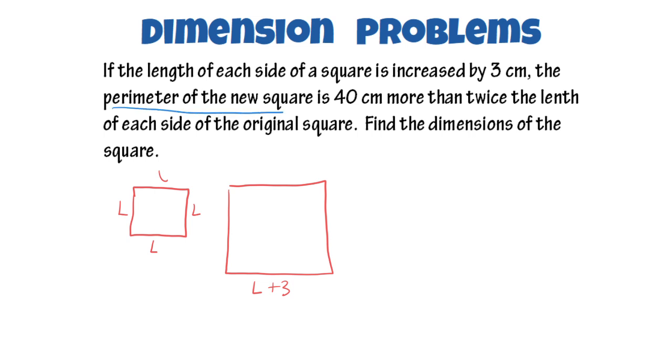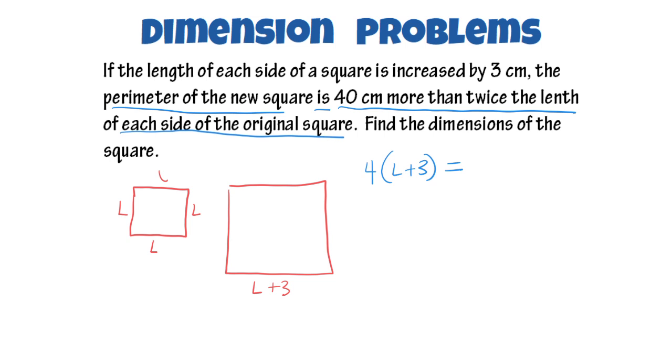The perimeter of the new square. Okay, so let's think about the perimeter of the new square. The perimeter of the new square would be 4 times the L plus 3. I have the L plus 3, but I've got it 4 times around that square. Is always means equals.